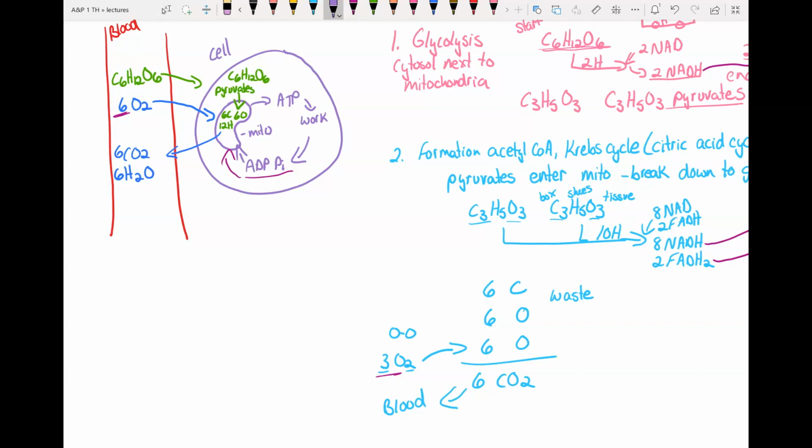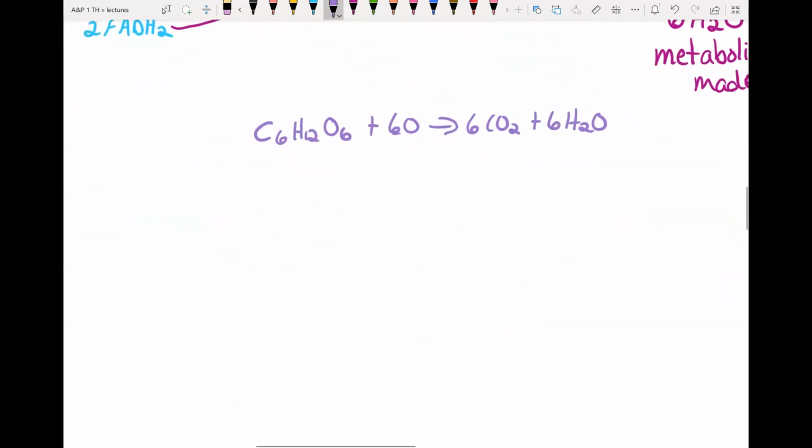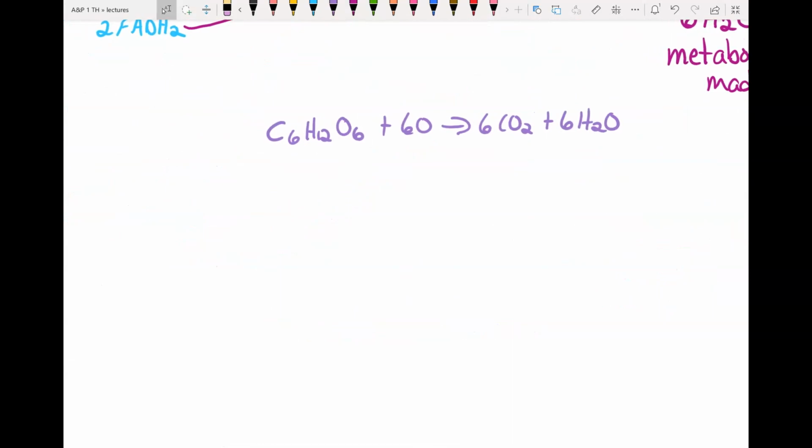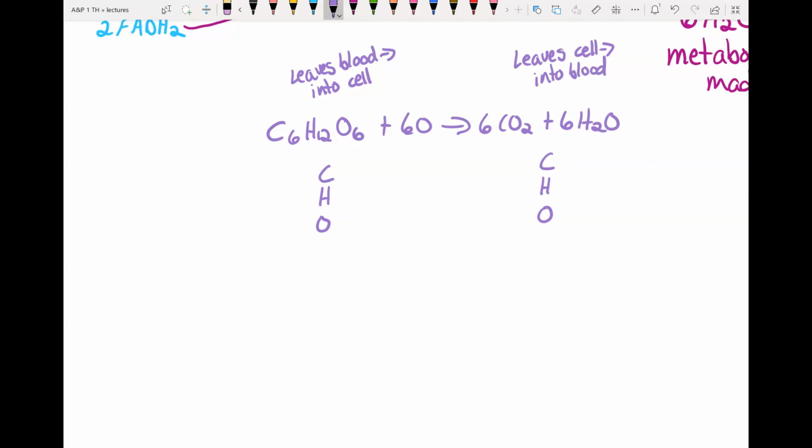Now what goes in has to equal what goes out. So let's check our math and make sure we did this right. We're going to have carbon, hydrogen, and oxygen atoms. On the left is what leaves the blood and enters the cell. And on the right is what leaves the cell and goes into the blood. We need to make sure these two sides equal each other.